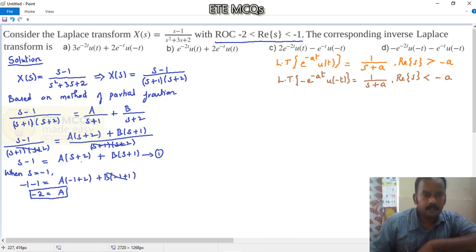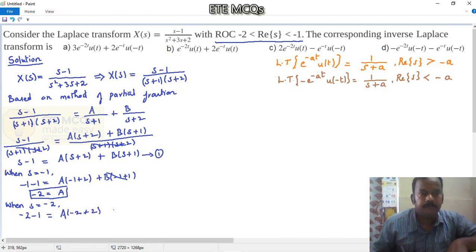Similarly, in order to find B, let us substitute s equal to minus 2. When s is equal to minus 2, we get minus 2 minus 1 is equal to A into (minus 2 plus 2) plus B into (minus 2 plus 1).